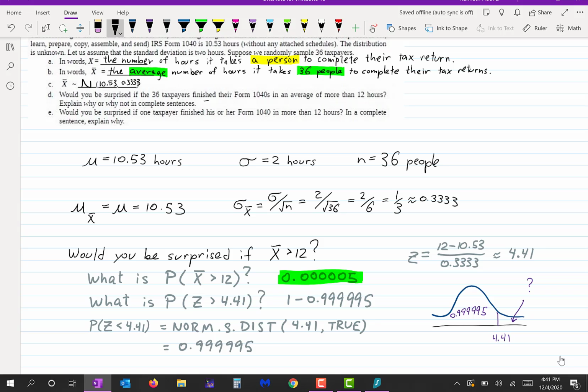So I would say, I would be surprised, because the probability of that happening is 0.000005, which is very small.